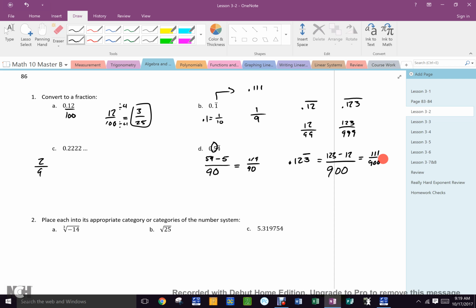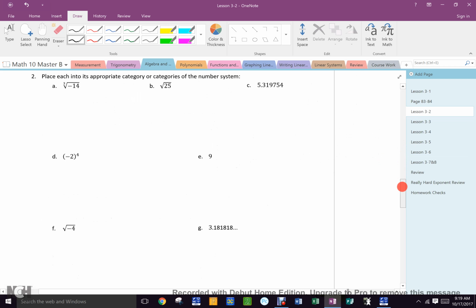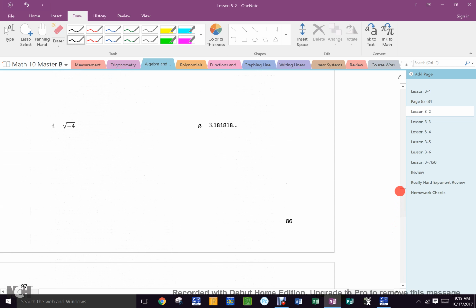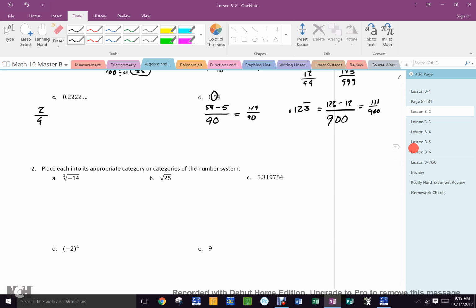Everybody good? All right, your homework tonight, and it is so little, it's embarrassing. Page 86 and 87. If you can't remember how to do things like root 3 on your calculator, just don't do it. Okay? You use your calculator for all of this.